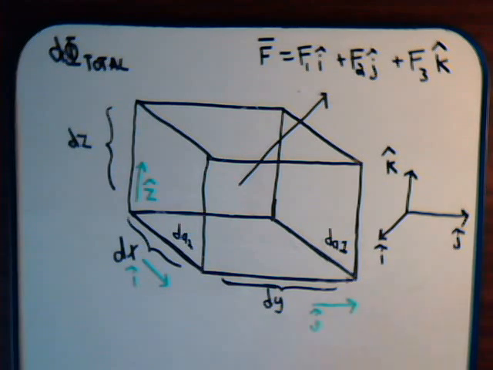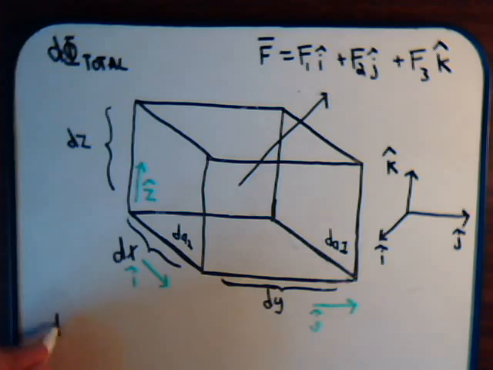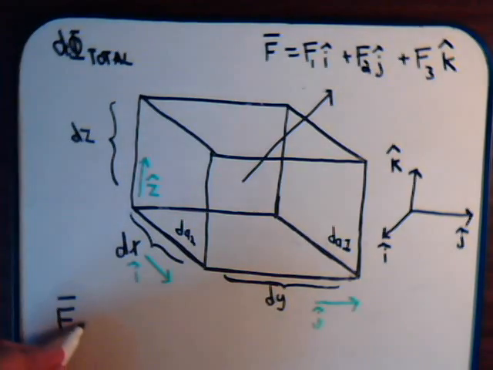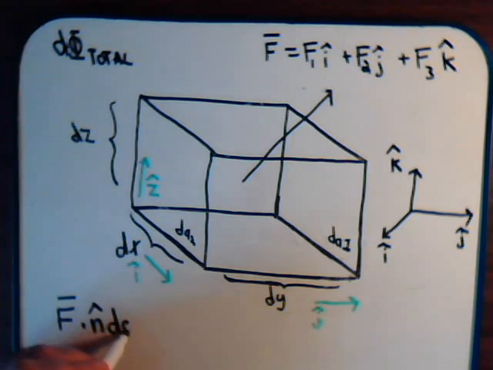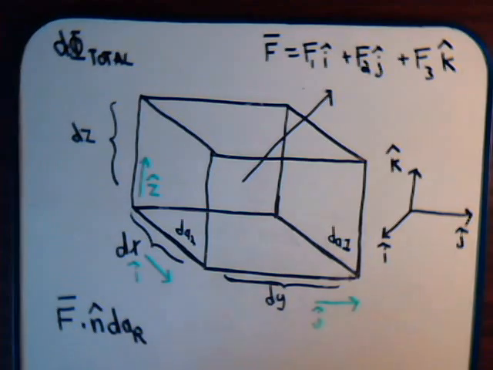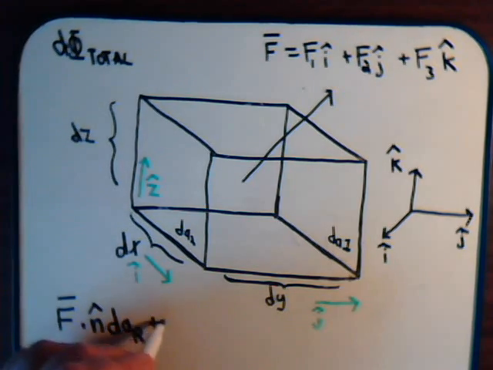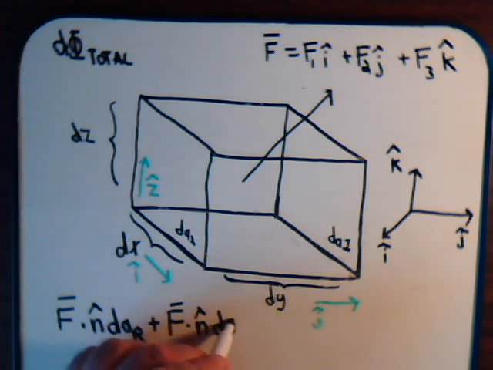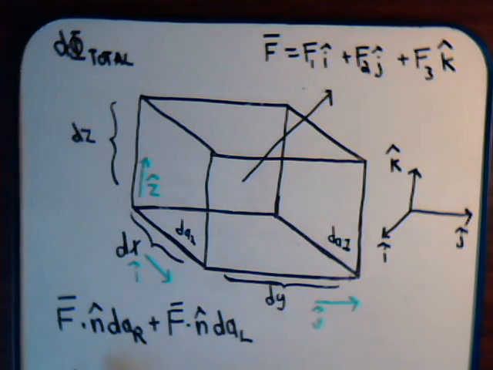So we want to consider the vector f. Then for the right-hand face, take this dot product. And then for the left-hand face, take this dot product. And add them together, and that will be the flux for the left-hand face and the right-hand face.